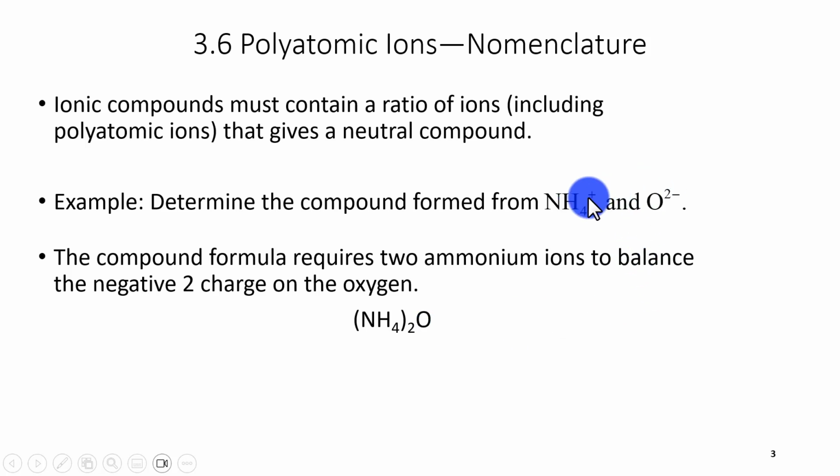Note that if the charges are equal, so if this were a +2 and a 2-, there is no need to cross the charges. You would just write NH4O if this were a +2. This crossing only happens when the charges aren't equal.